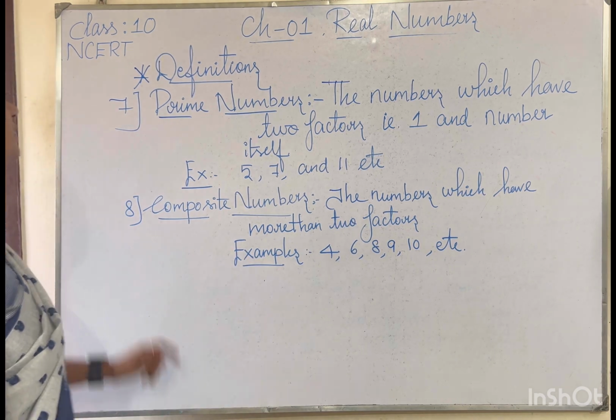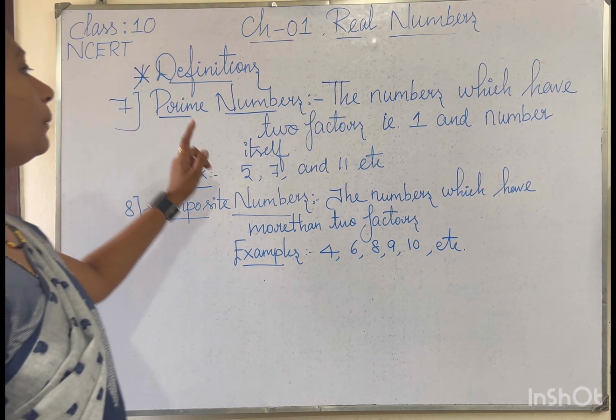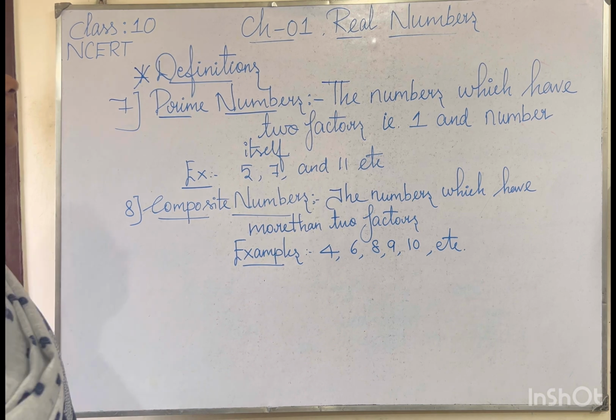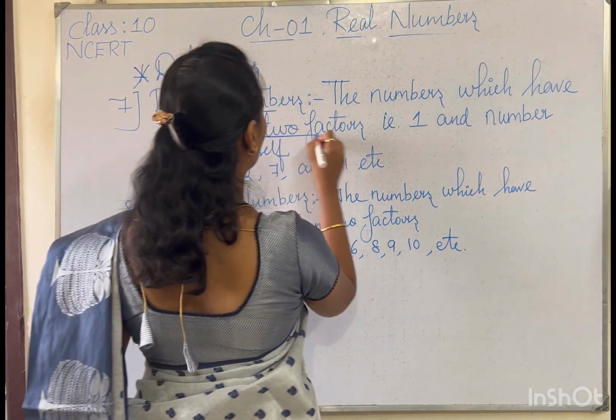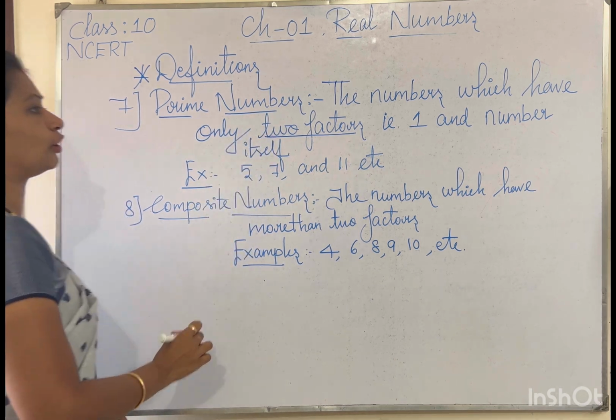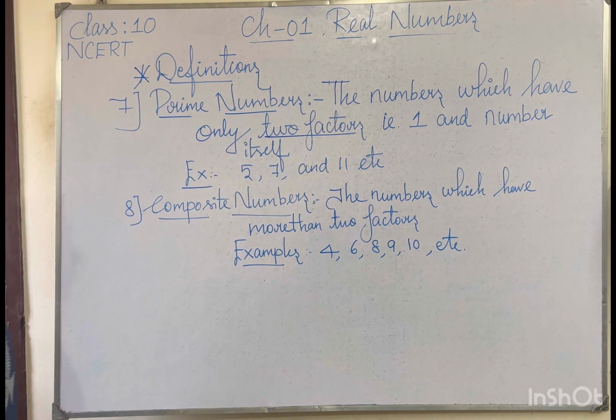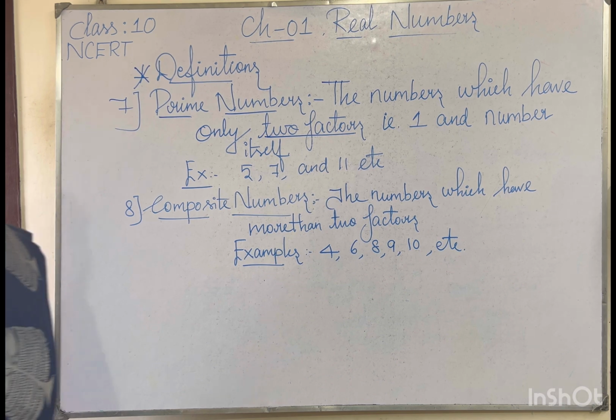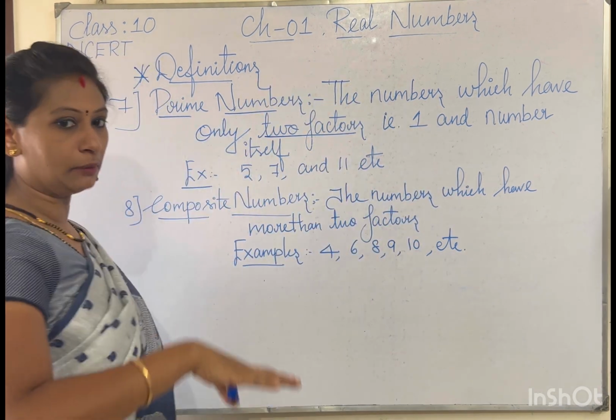The next definition is about prime numbers. What are prime numbers? The numbers which have only two factors are called prime numbers, which means that the number must be divisible by 1 and the number itself.